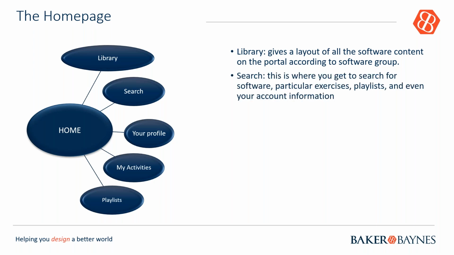And then the search is where you simply type in anything, whether exercises, your account information, or the software that you are looking for. You just type it in and click on that magnifying glass, and voila, you have an answer.